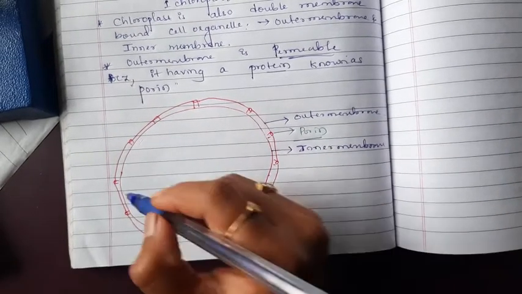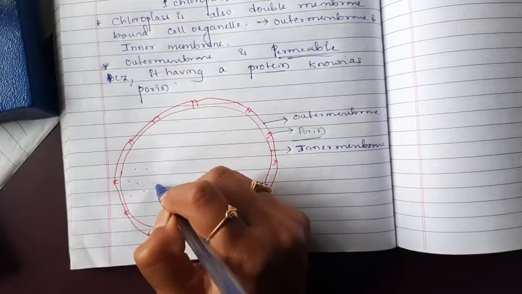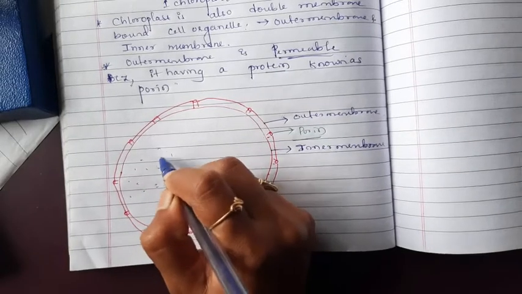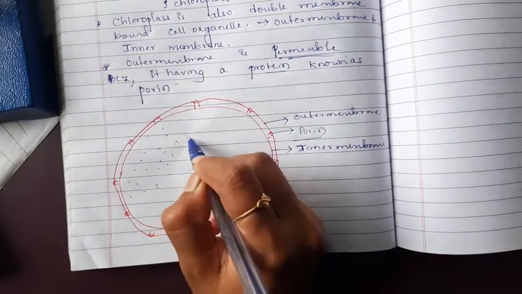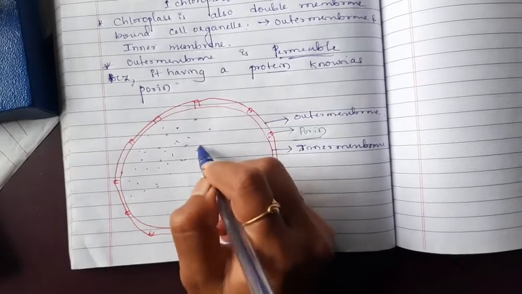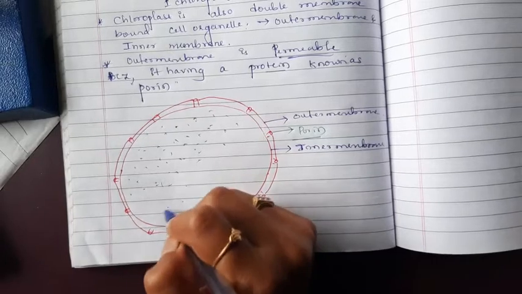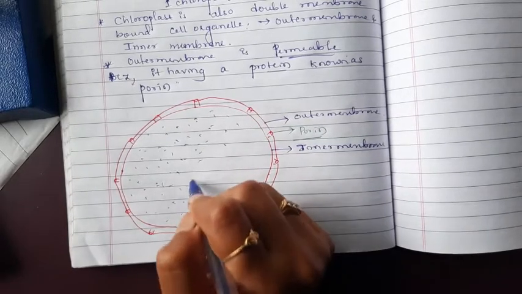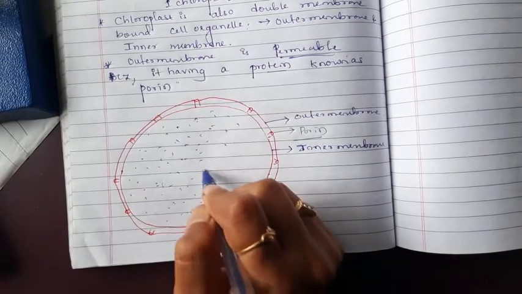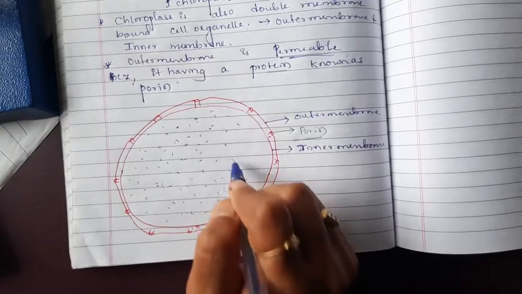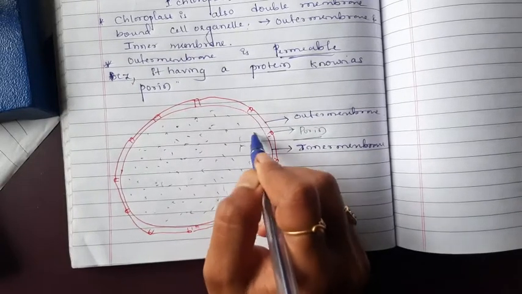Then the matrix of chloroplast. We already studied the matrix in the general characteristics of the cell, and in mitochondria we discussed that the matrix is the fluid filled space present inside the mitochondrial compartment.